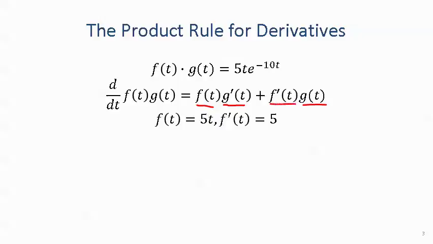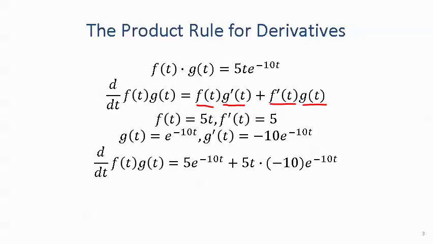So if our first function is 5t, its derivative is 5. Our second function is e to the minus 10t, so its derivative is minus 10 e to the minus 10t, using the chain rule that we looked at previously.